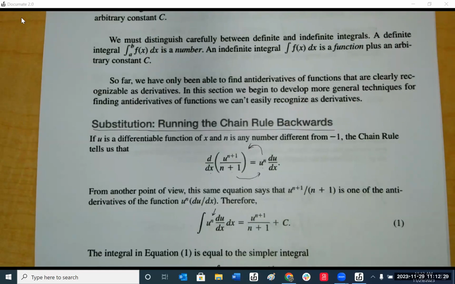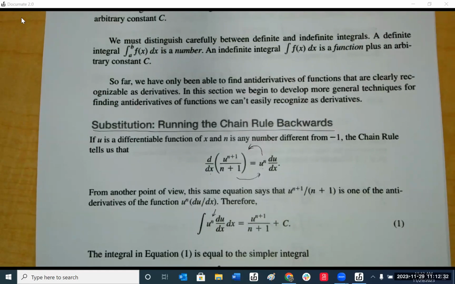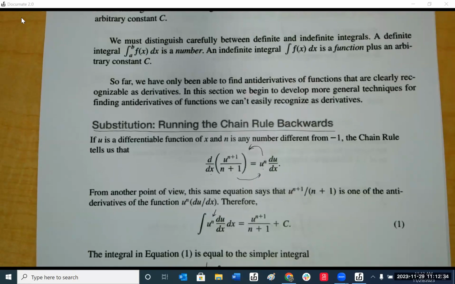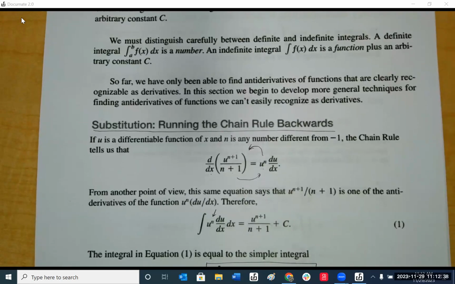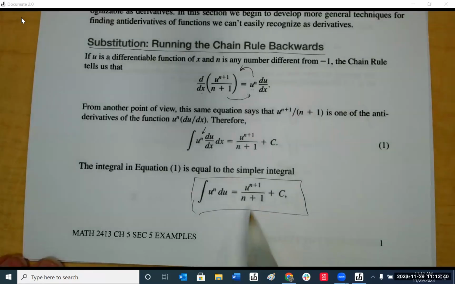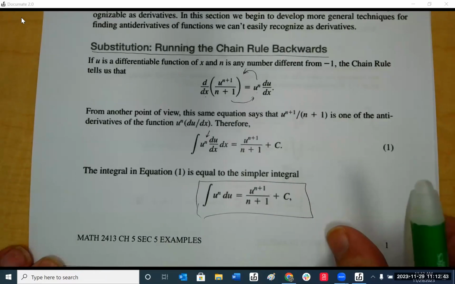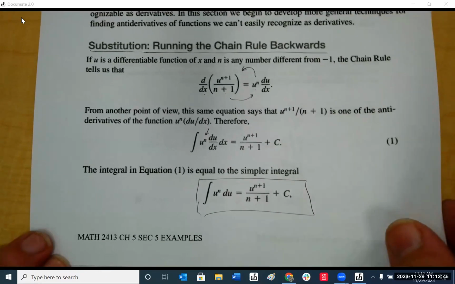So this is the formula we'll be using, if we can get it into that form.